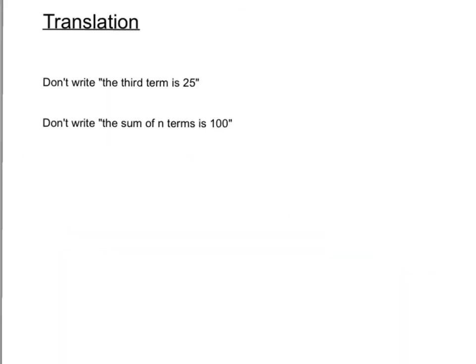People say maths is a universal language, so we're going to practice translating things like this, the third term is 25, into lovely maths. When we see the third term is 25, that is not what we write. What we write is, we use our formula and say a plus 2d is 25.